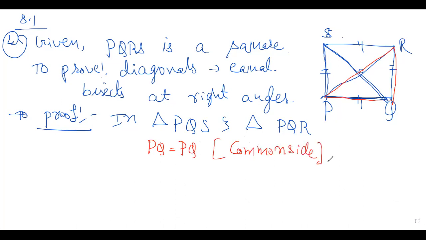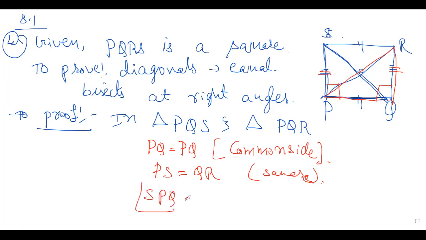So common side we have written first. Then in this triangle, PS is equal to QR. Can we write? Because it is a square, so all the sides are equal. Then which is equal? See, angle SPQ is equal to angle PQR, right?